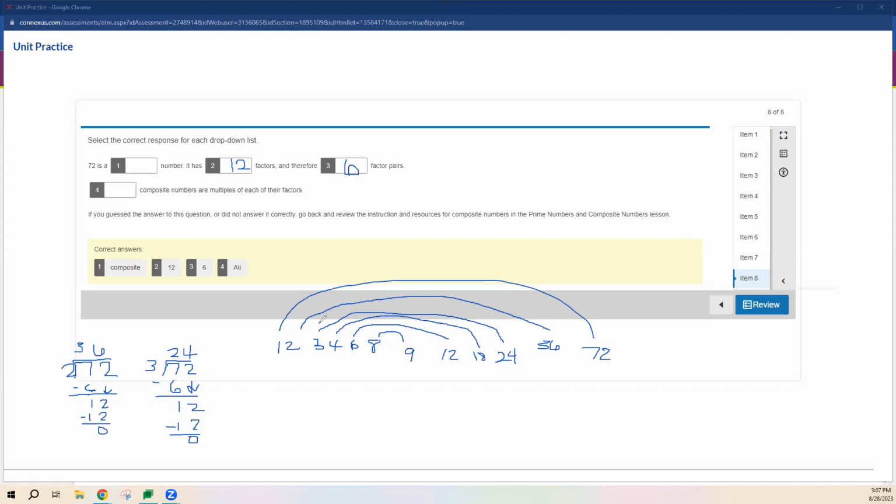The same is going to be true for all of that. You can try it out and see what happens when you skip count by 4s or 8s or 6s or 12s or 18s. Do you say 72? If you do, then you can say all. Okay, and that right there is a review of your test.